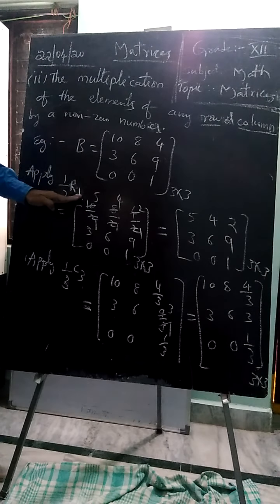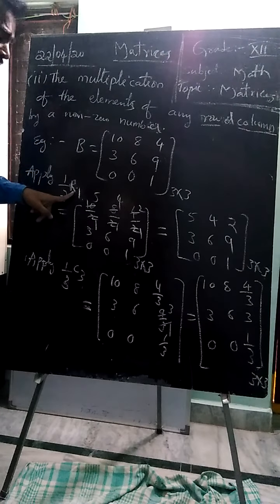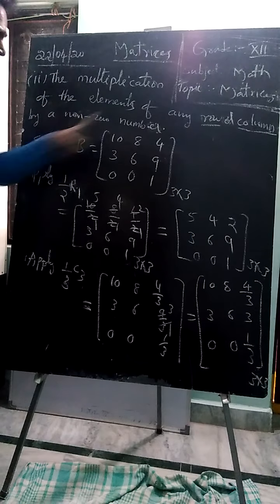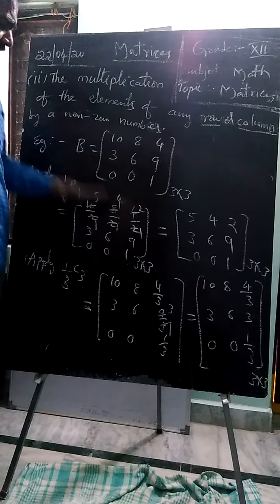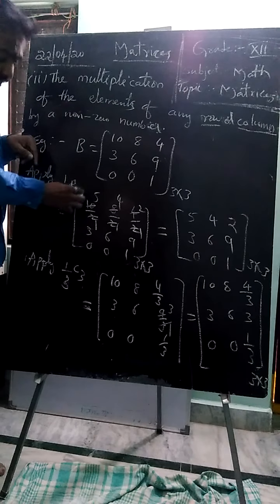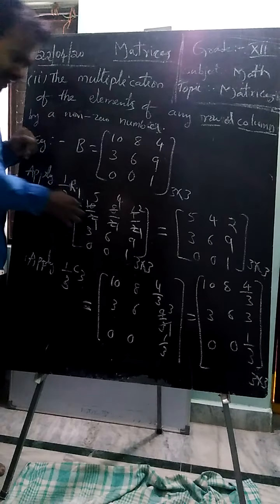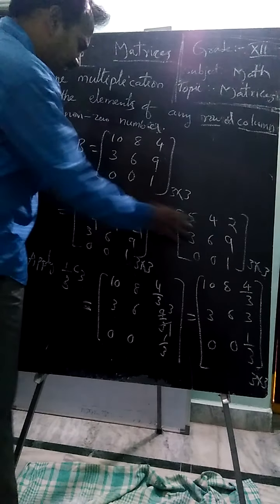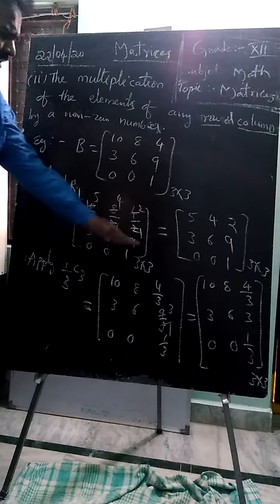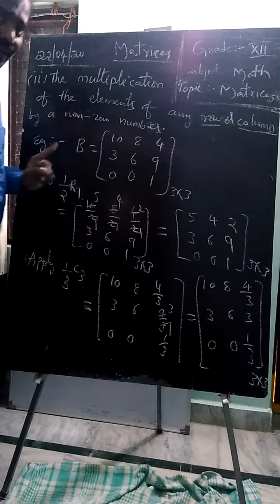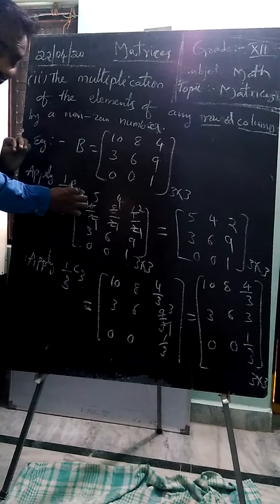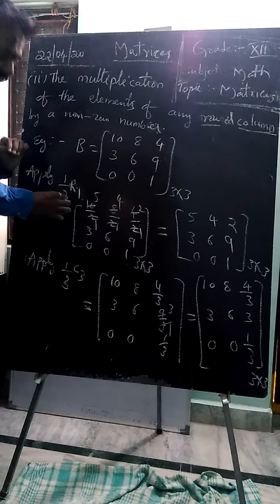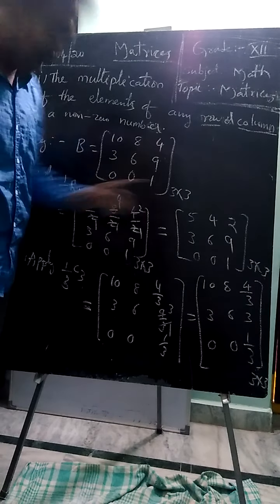Apply 1 by 2 R1 means multiply the first row by 1 by 2, that is 10 by 2, 8 by 2, 4 by 2. We are multiplying only the first row elements. We have 5, 4, 2, and the other rows remain the same, no change, students, because we are applying 1 by 2 R1.